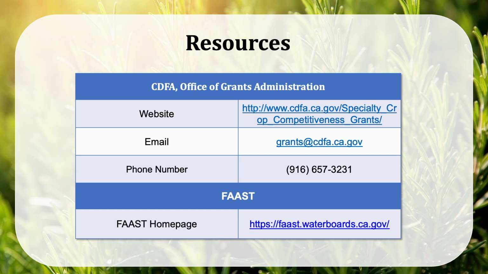If you have any questions or problems accessing the FAST system while working on your grant proposal application, please contact the FAST help desk at fast_admin@waterboards.ca.gov or call them at 866-434-1083. Both that email address and phone number can be found on the FAST homepage.